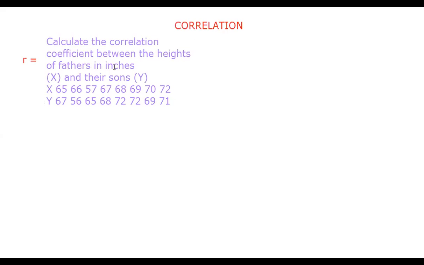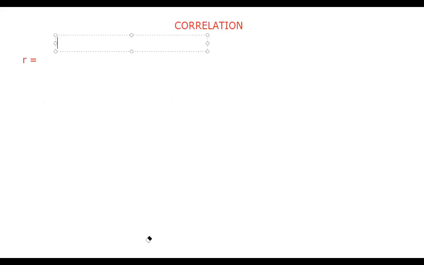So what is the formula for correlation? r is equal to small n into sigma xy, minus sigma x into sigma y, right?